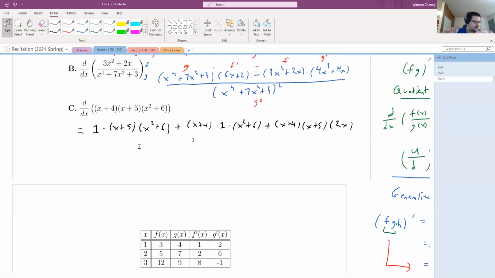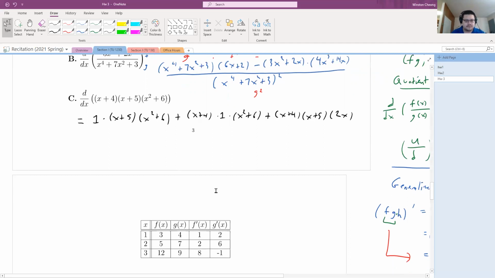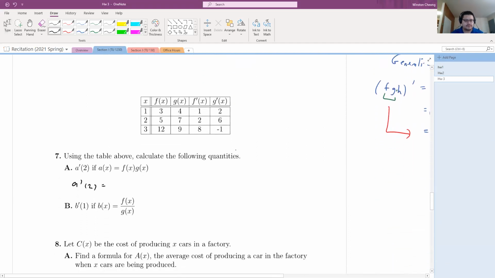I would only clean it up if I need to do something else with it. Eventually you might see it, like if you are going to take another derivative, then in that case, it can make sense to clean it up before you go about taking another derivative. Okay, but we're not doing that here.